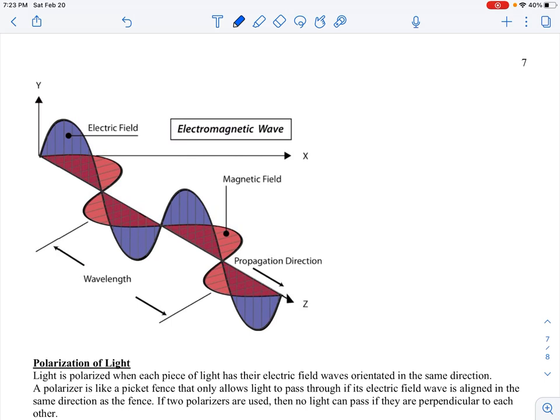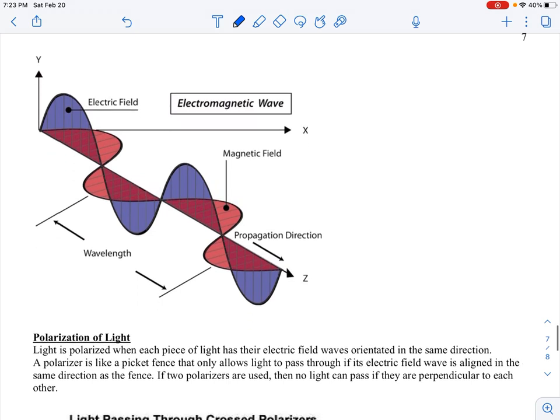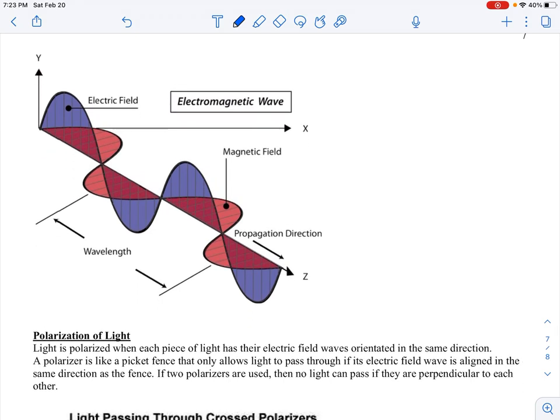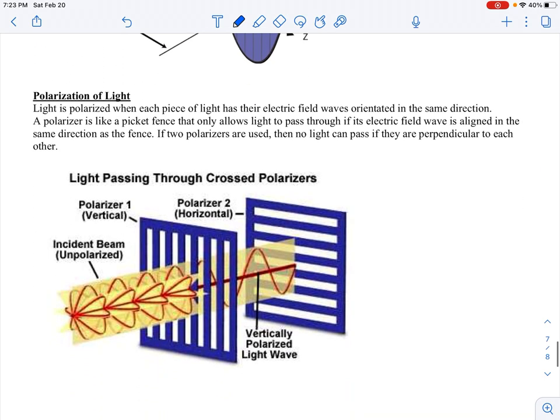So once you get that going, we've got this self-propagating chain. Again, it's in 2 perpendicular planes, and it has an orientation. Because it has an orientation, it can be polarized.